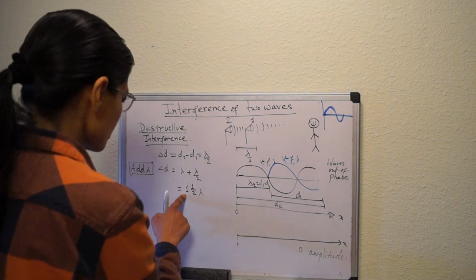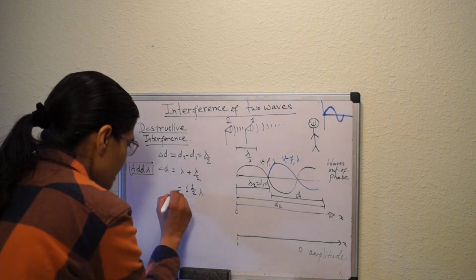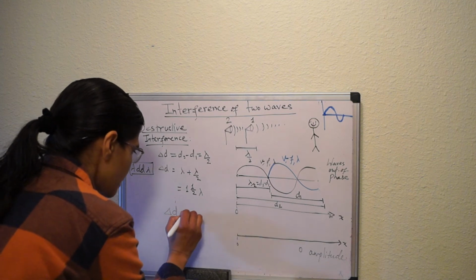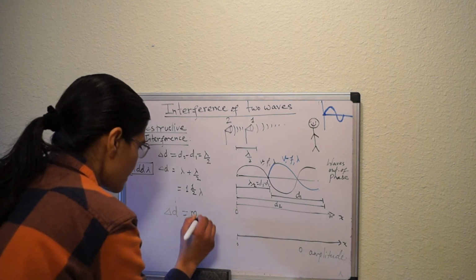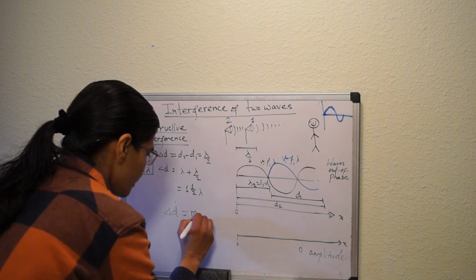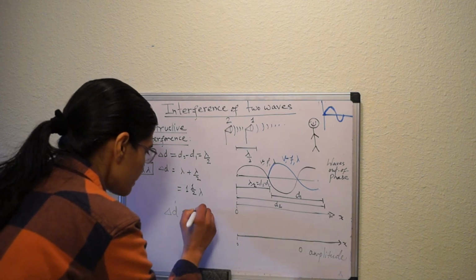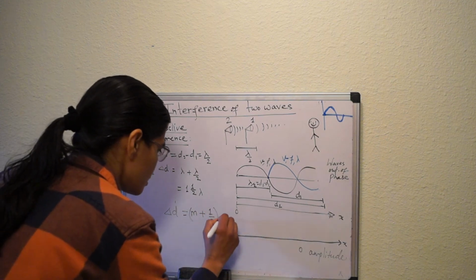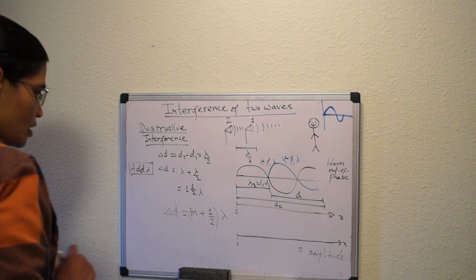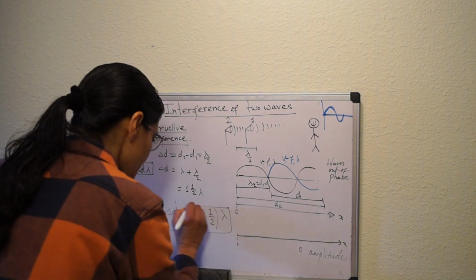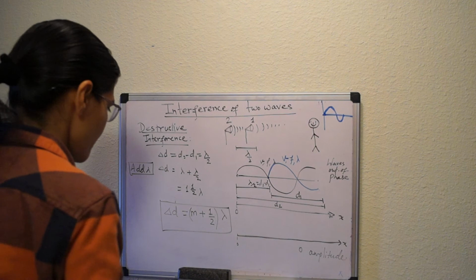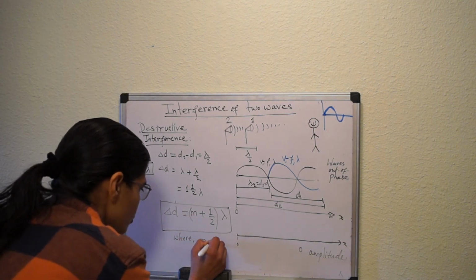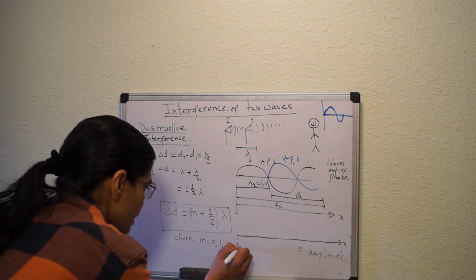So look at this, if we keep doing this, we can generalize and write delta D equal to m plus half times lambda. Mathematically we arrive at this condition where m equals 0, 1, 2, 3 and so on.